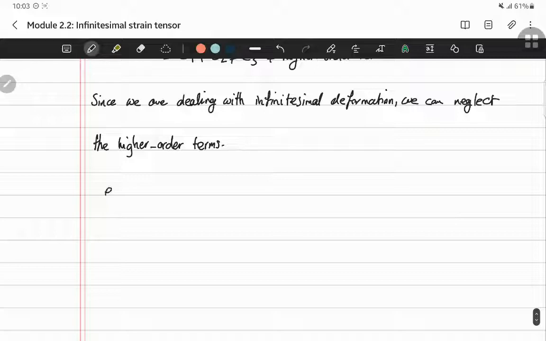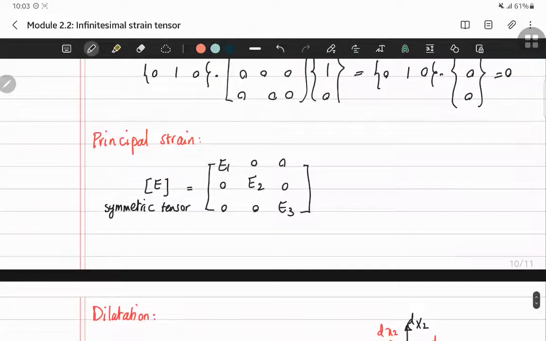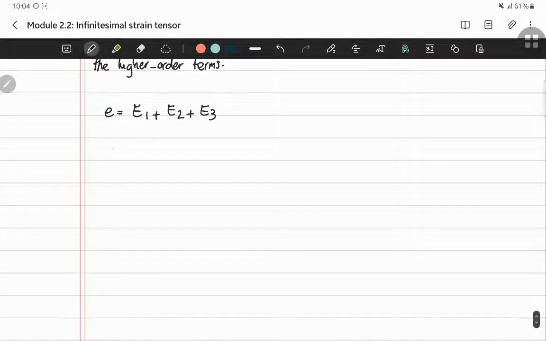So E can be written as the summation of E1 plus E2 plus E3. As you see here, the summation of E1, E2, E3, if you remember from the first module, is the first invariant of E, I1, the summation of E11, E22, and E33.